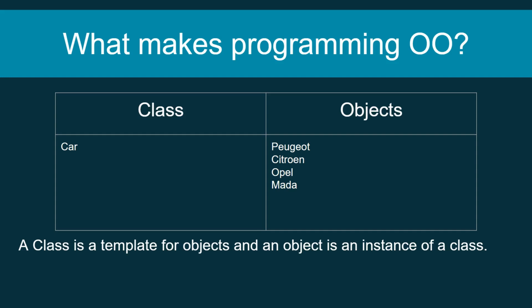For example, here we have the class Car, and we can create from this class many objects depending on the type of car, the manufacturer, etc. As you see here, we have Peugeot, Citroen, Opel, Moda. If it is not clear now, don't worry. I provide you enough examples that you know the difference between class and objects.